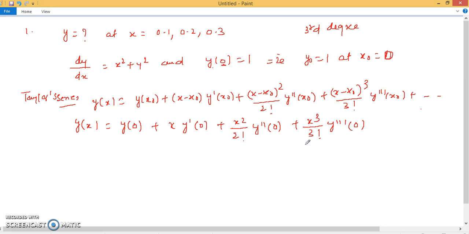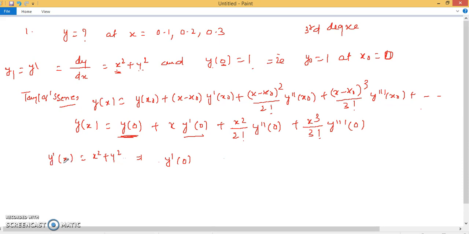Now first we will find the value of y dash. The y dash value is given already: y dash of x is equal to x square plus y square. In this, we have to substitute for y dash of 0.